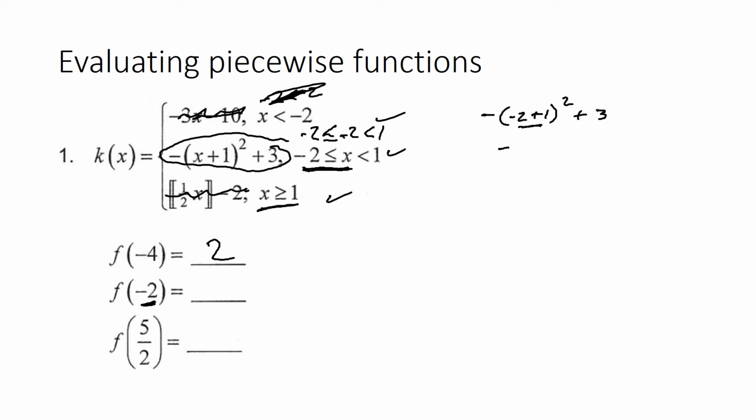So we're doing negative of -1 squared plus 3. -1 squared, or -1 times -1, is a +1. We still have the plus 3, and we still had this negative here. So when we add -1 plus 3, we end up with 2. So we have 2.